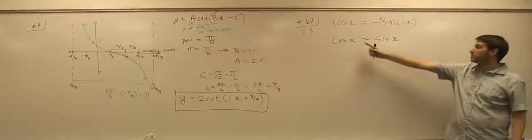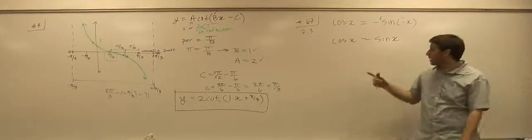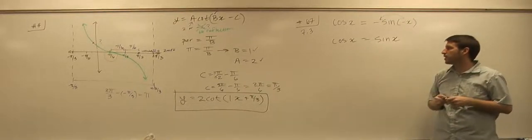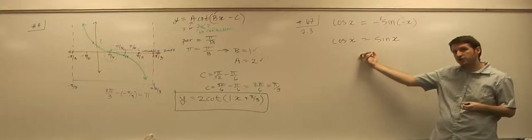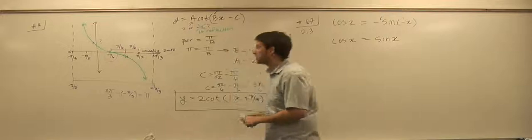And then what I would do, because these are not the same trig function, we're going to cover this in type 4, other equations when you don't have the same trig function. You want to try to apply an identity to make them the same trig function. One trick you can use to do that is to square both sides.